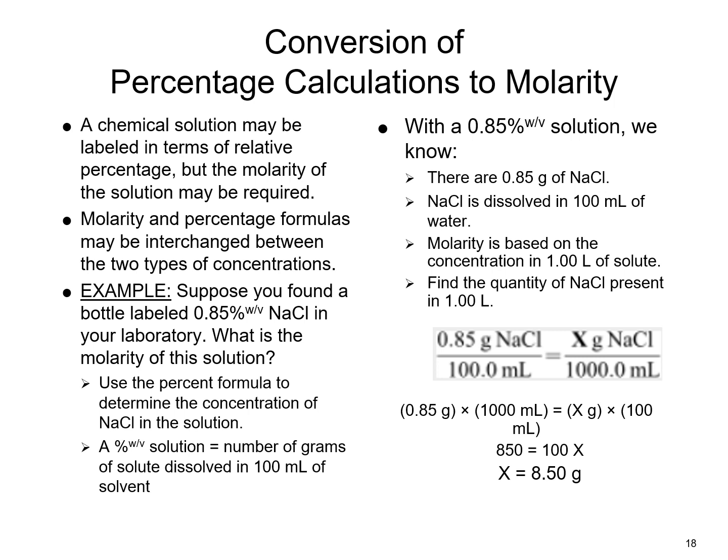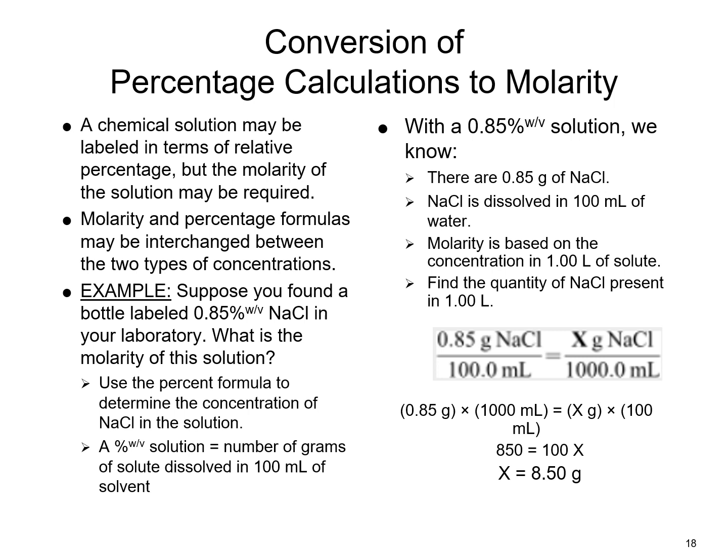An example of this would be, suppose you find a bottle in your laboratory that is labeled 0.85% weight per volume of sodium chloride, and you want to know what is the molarity of this particular solution. To solve this problem, first we use the percent formula to determine the concentration of that sodium chloride in the solution.